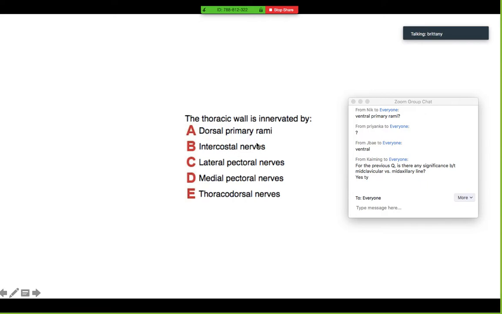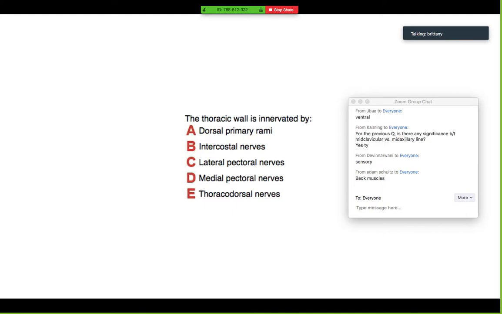So ventral primary rami would also make this correct. Just as a review, if they use this as an answer on your test this time, what is the only function of dorsal primary rami? So there's 3 things. What do the dorsal primary rami do? Not the dorsal root, the dorsal primary rami. Do you guys remember from the first block? Be more specific.